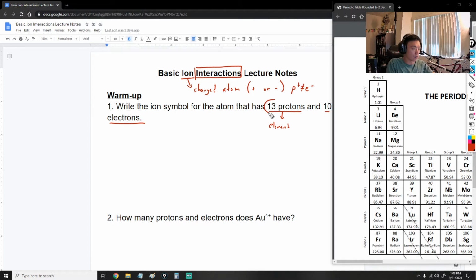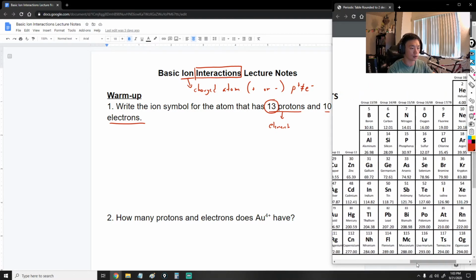So we go to our periodic table and look for the element that is number 13. 13 is aluminum, the same aluminum that your foil is made out of. We don't need to write the name because the problem just asks for the symbol, which is Al.